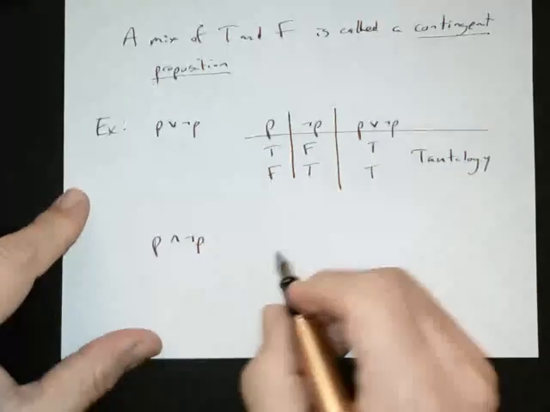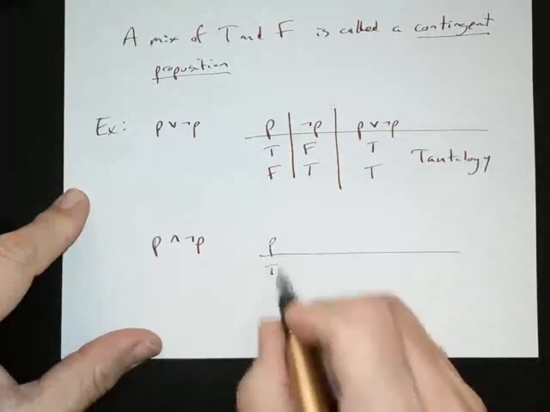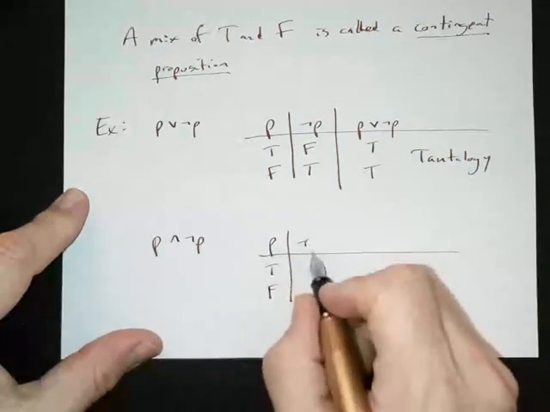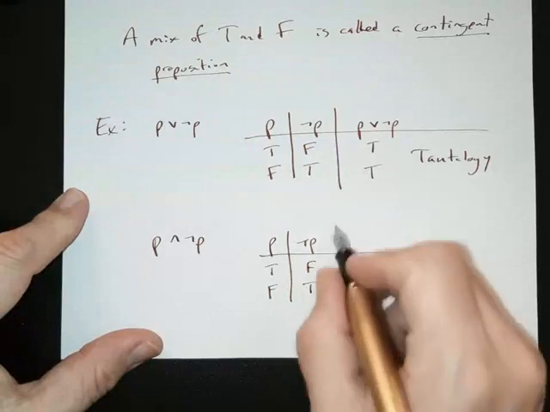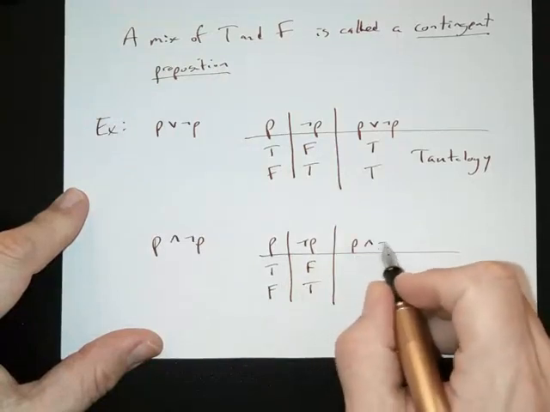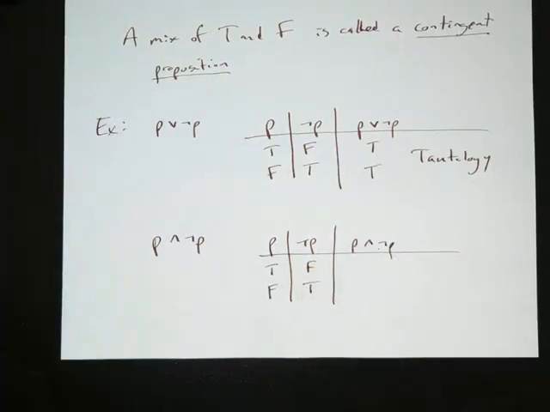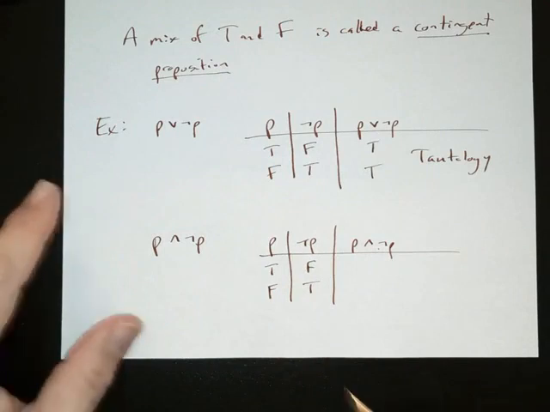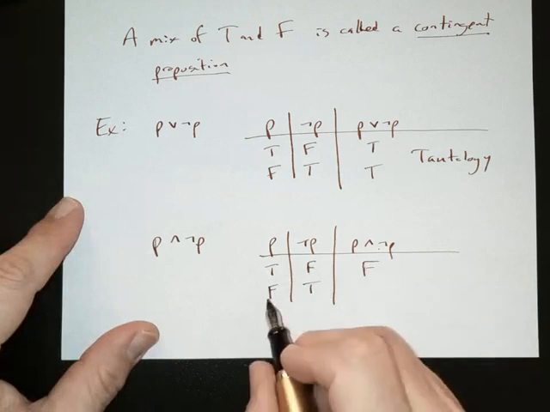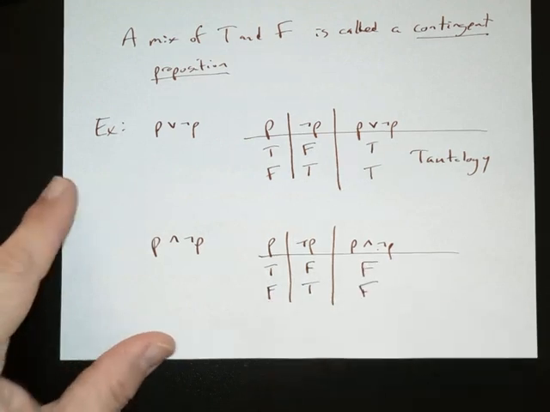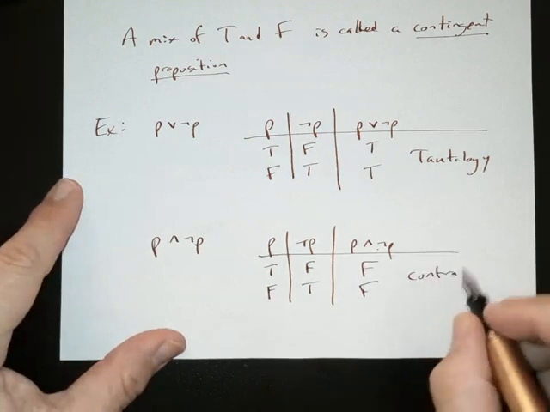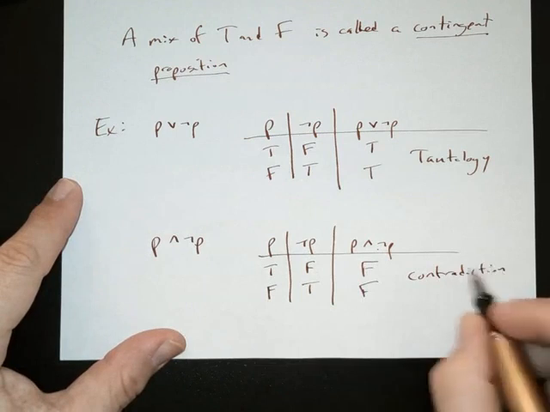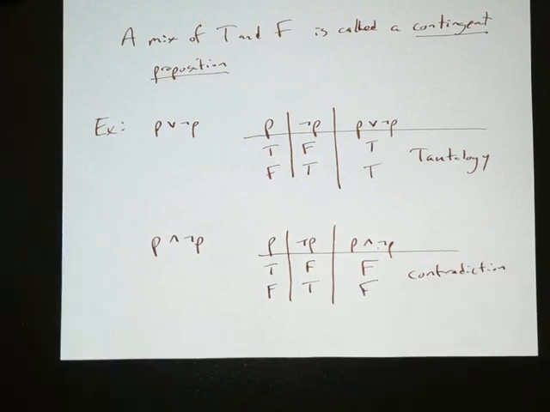Exactly. I'm going to start with the same two columns here. But when I'm using and, for and to be true, both of the individual components must be true. T and F, nope. F and T, nope. This is a contradictory statement.